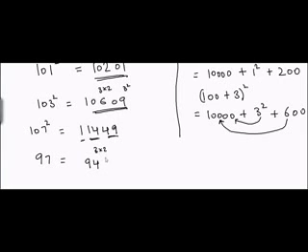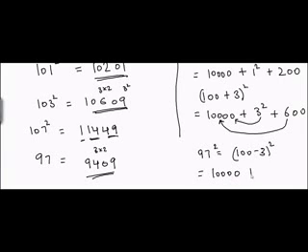Again we can look at it here. 97 square is equal to 100 minus 3 whole square, and that will be equal to 10,000 plus 3 square minus 600. So here we are subtracting the 6 from the 100 and then adding 3 square, and that's what I've done here.